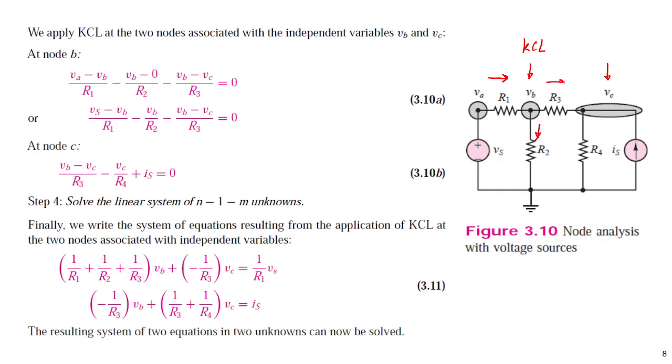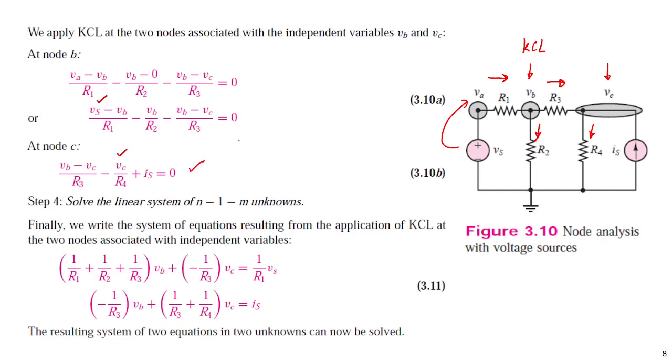And the current flowing here is VB minus VC divided by R3, and VA is VS, so we just substitute VS here. At node C, VB minus VC divided by R3, and VC divided by R4, plus Is.